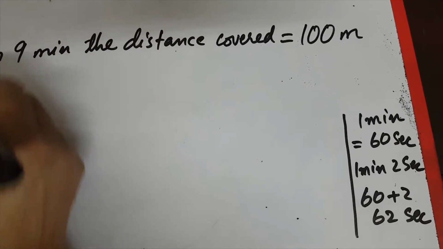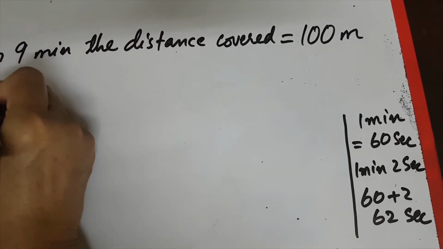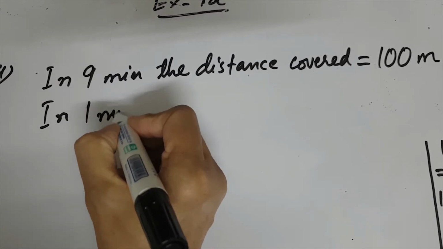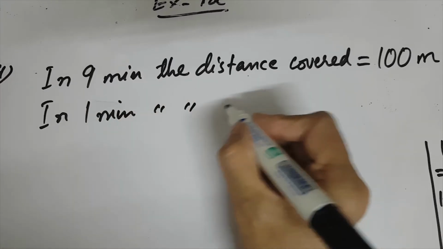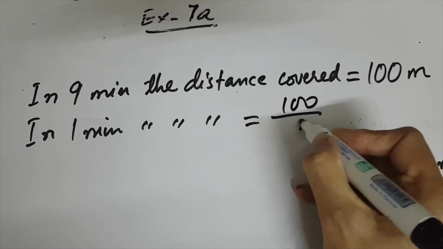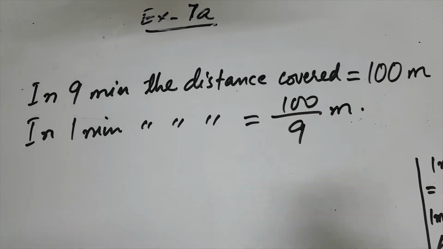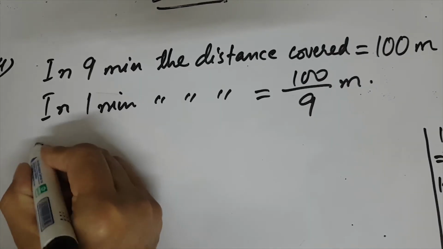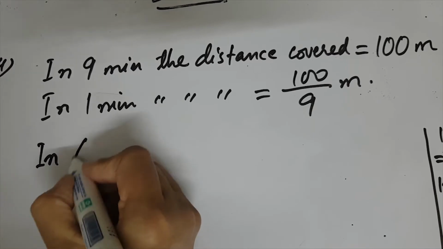So you can say in 1 second the distance covered by the fastest man is 100 upon 9 meters. Then you have to find out for 62 seconds.